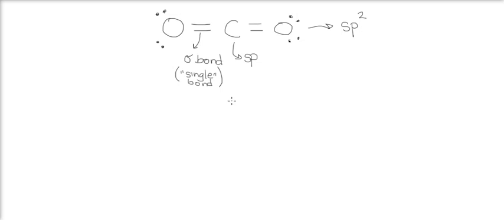Now, orbital-wise, the carbon in the middle, because it's sp hybridized, has 1 sp orbital pointing to the right and another sp orbital pointing to the left. This is our sp orbital here and another one here.